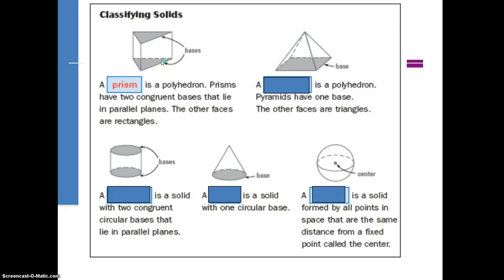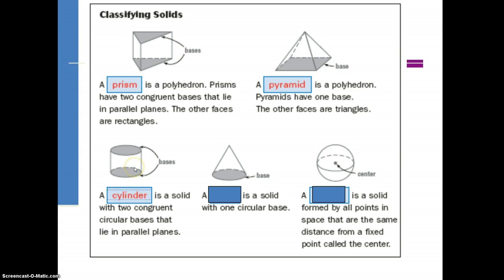We technically would call this a triangular prism because of the triangle bases. We then have a pyramid, one base, technically called a square pyramid because of the square base. All faces are triangles here, where the prism was rectangles. So even though they both have triangles in them, this is connected by rectangles, this is connected by triangles.